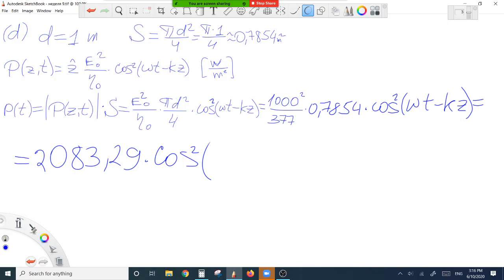Omega t: in our case the frequency is 300 megahertz, so 300 megahertz multiplied by 2 pi will be 6 pi multiplied by 10 to the 8, t minus kz.